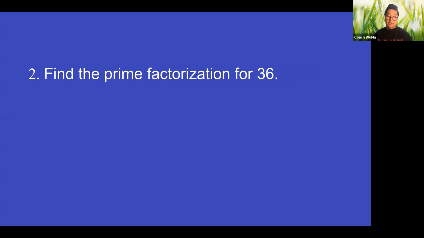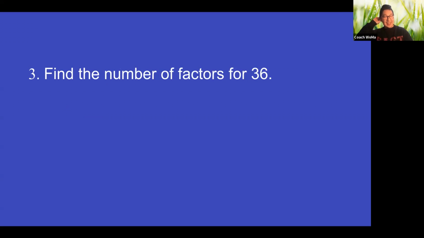Some people might use a caret to symbolize an exponent, or you can just write it out, whatever works for you. All right. I think most of you got this. So it's 2 squared times 3 squared. And the next question is finding the number of factors. If you get this quickly, you can also start thinking about what is the sum of all the factors.